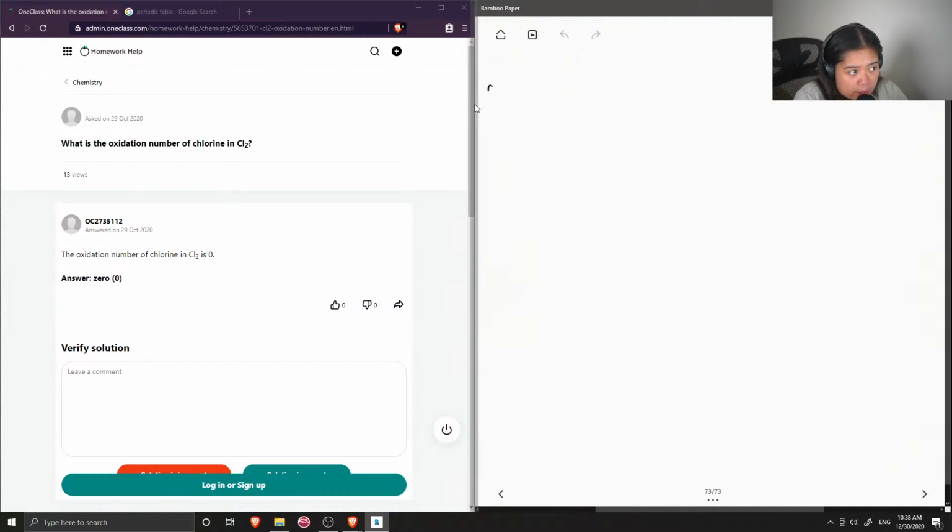So question 8, what is the oxidation number of chlorine in Cl2? So this is a diatomic molecule, and the chlorine just has an oxidation number of 0.